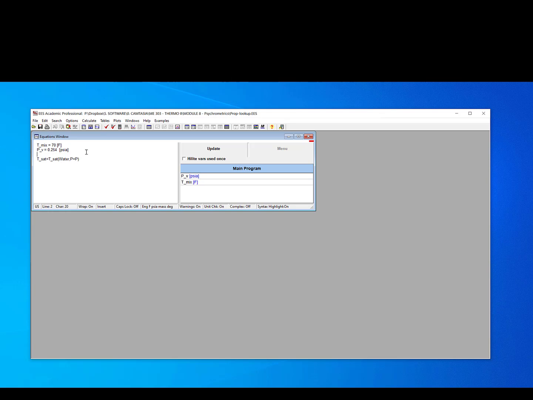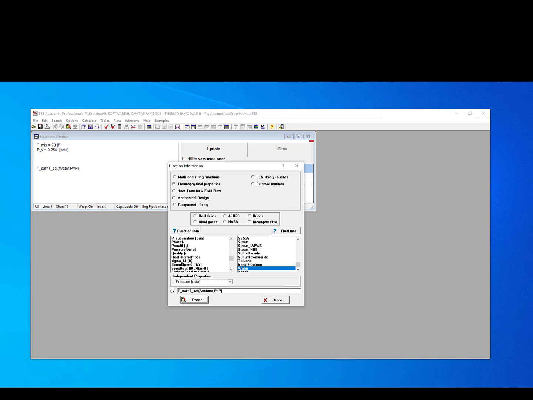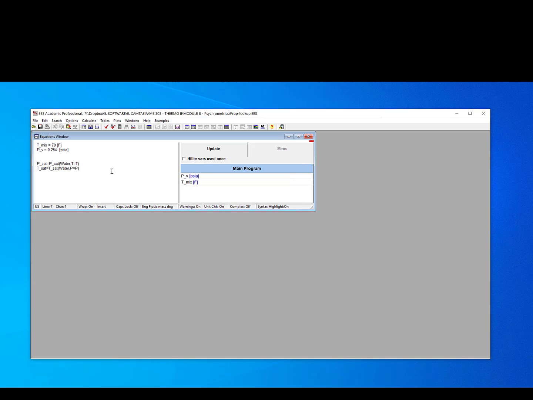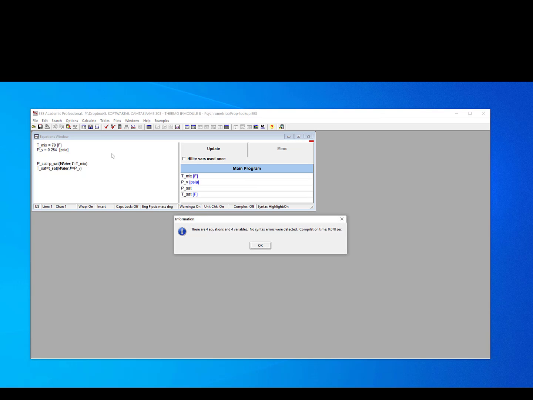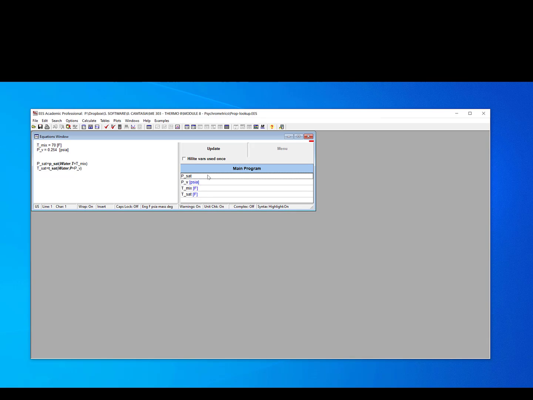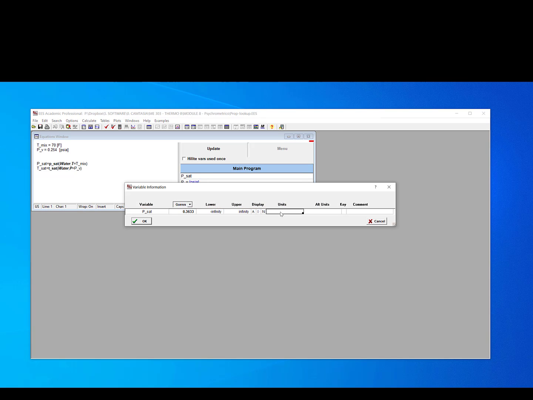So what is the saturation temperature of that mixture, meaning the dew point, and what is the saturation pressure of the water at the temperature of the mixture? So EES allows us to figure that pretty straightforward. The saturation pressure at the temperature of the mixture is going to give us that value that we just calculated, and the saturation temperature should be around 60.